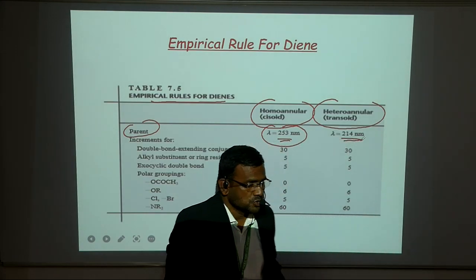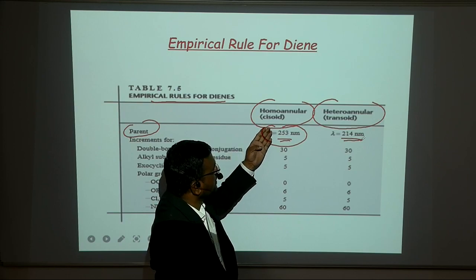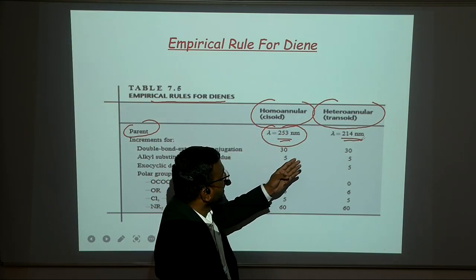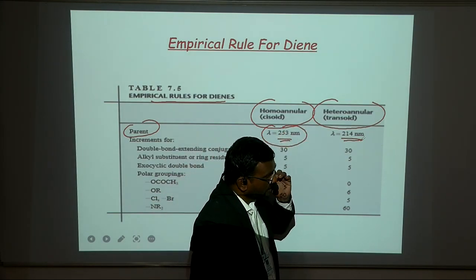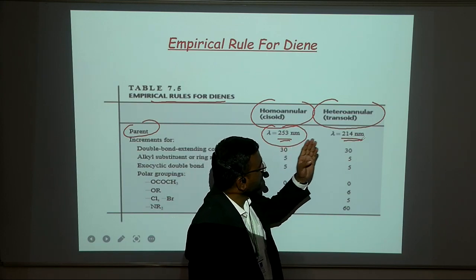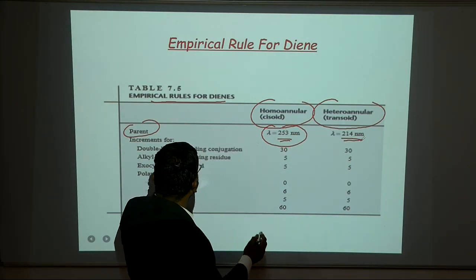Okay. So when our diene system is a homoannular diene, its parent value is 253 nanometer, and when our diene system is a heteroannular diene, its base value is 240 nanometer.